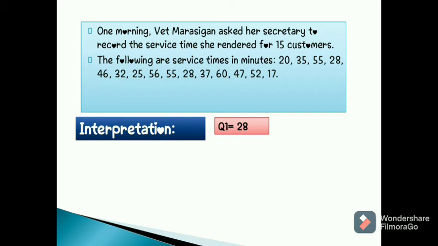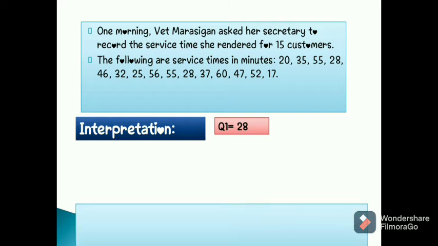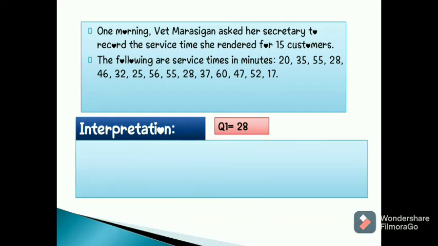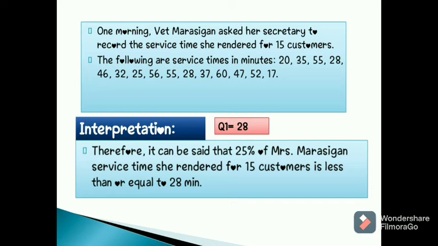So one morning, Vetmera Sigan asked her secretary to record the service time she rendered for 15 customers. And to interpret, therefore, it can be said that 25% of Mrs. Marasigan's service time she rendered for 15 customers is less than or equal to 28 minutes.